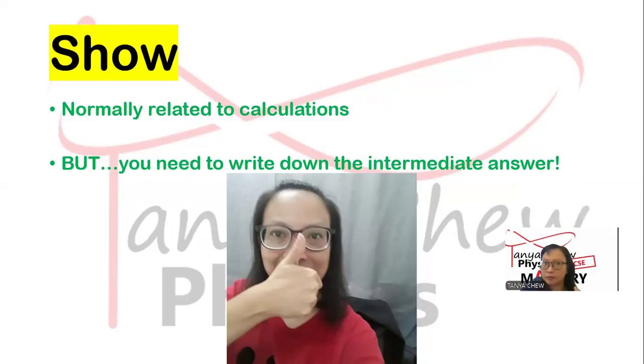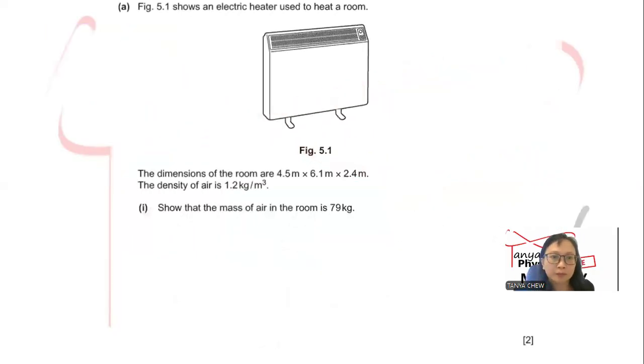I will show you from one of the past questions. Let us look at the past question. Fig 5.1 shows an electric heater used to heat a room. The dimensions of the room are 4.5 meter times 6.1 meter times 2.4 meter. The density of the air is 1.2 kilogram per meter cube.